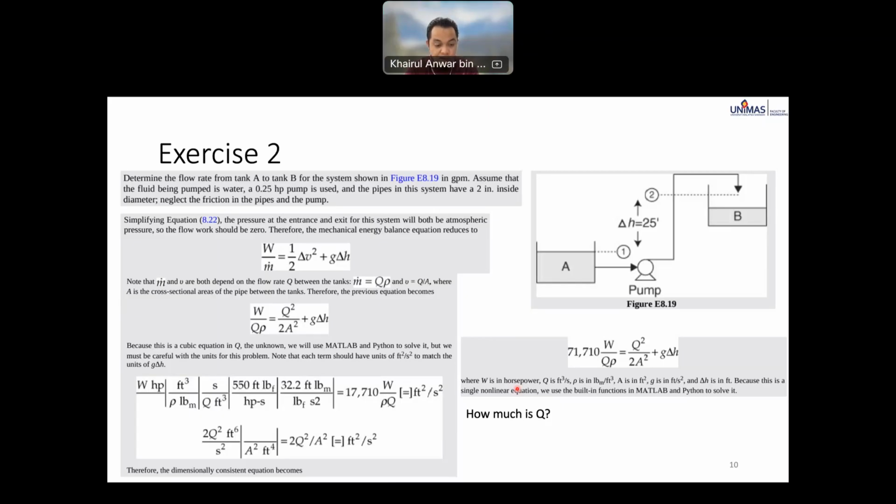Therefore, the flow rate through the system is considered to be Q equal to 0.3151 feet cubed per second.